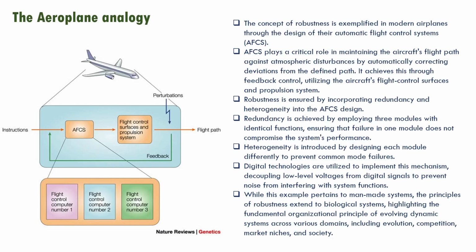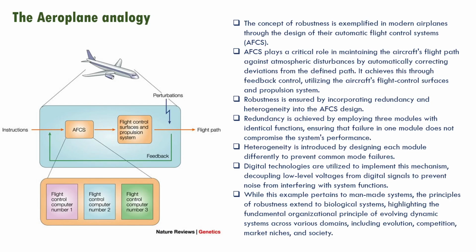They maintain the flight's path against atmospheric disturbances by automatically correcting deviations from the defined path. It achieves this through feedback control, utilizing the aircraft's flight control surfaces and propulsion systems. This is what we call the autopilot. It maintains the flight path against all atmospheric disturbances.